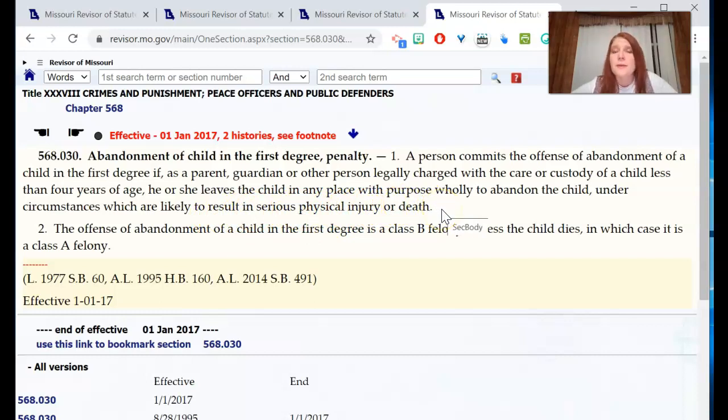So it's first degree abandonment if you deliberately leave them somewhere in a situation where there's a good chance they could be hurt or die. That's first degree, a Class B felony, unless the kid dies. And then if the kid dies, it's a Class A felony.